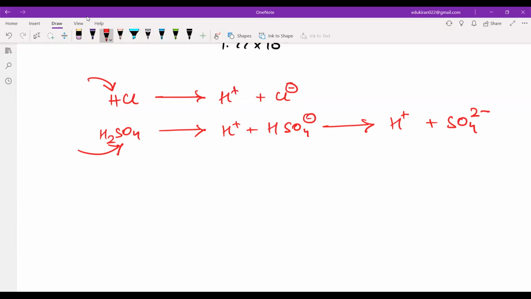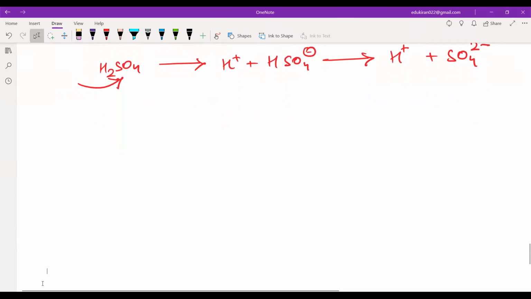So now we will be talking about what happens if we have more than 1 H plus ion in a particular acid, or more than 1 OH negative ions. For example, if you have let us say Ca(OH)2, it's not a good example.